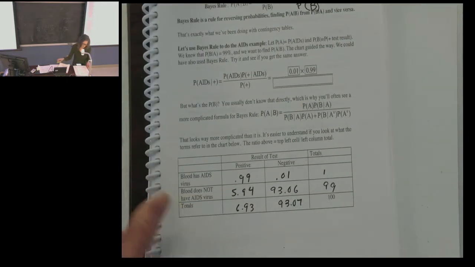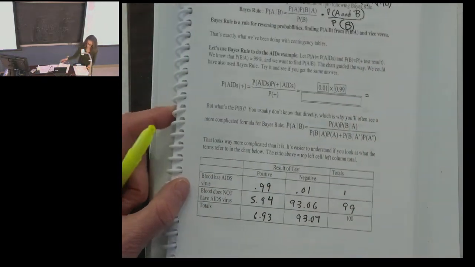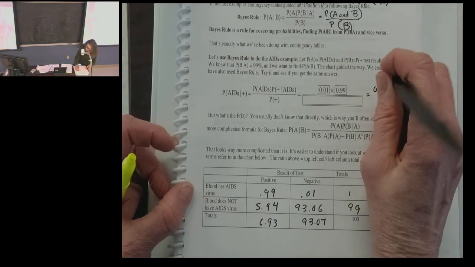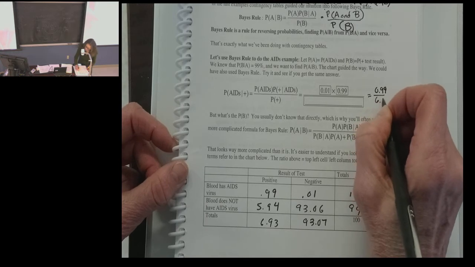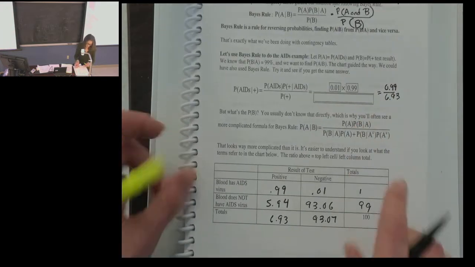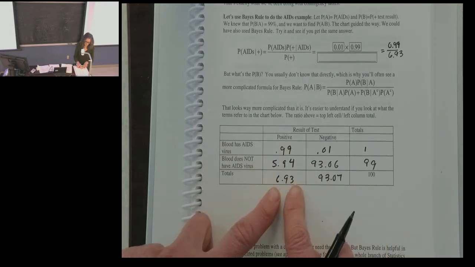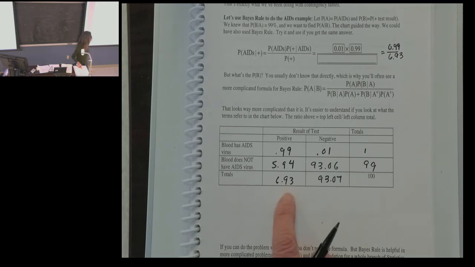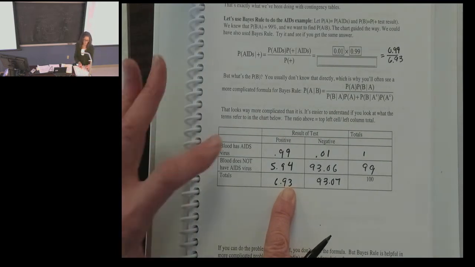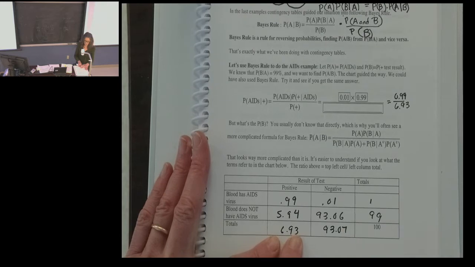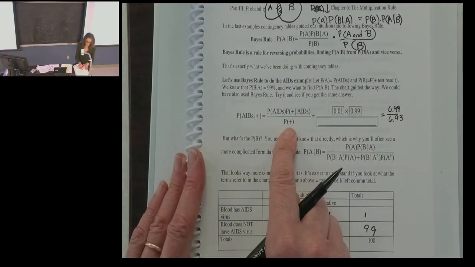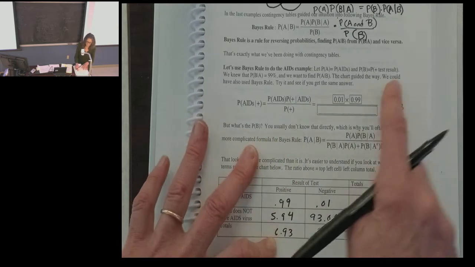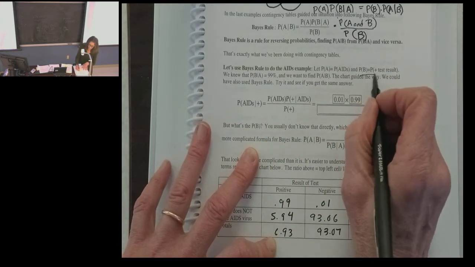So let's just write down what we got. This we got right here as 0.99 over 6.93. So what we're doing is this over that, because the probability of a positive, all the positives, was hard to get. Let's say the probability of B is the probability of this positive test result.